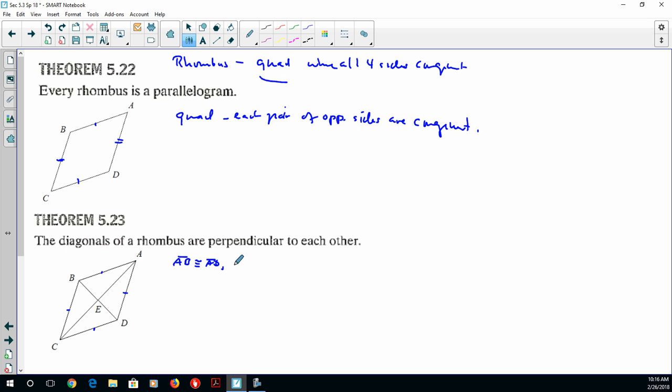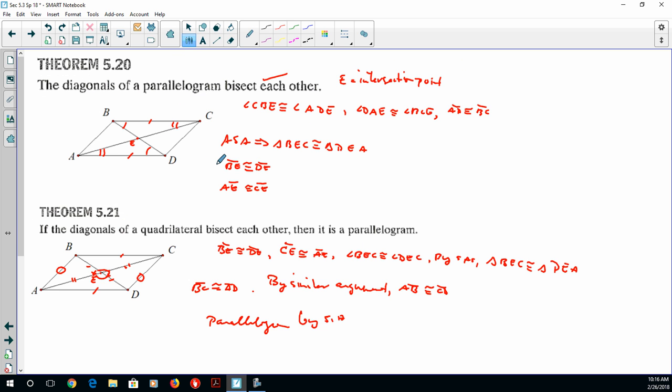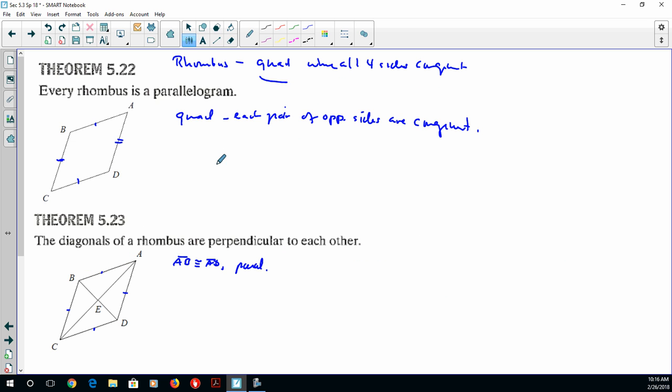Now, a rhombus, we just said, is a parallelogram. So what we learned before about parallelograms is that the diagonals bisect each other. So BE is congruent to DE. This distance and this distance are the same.